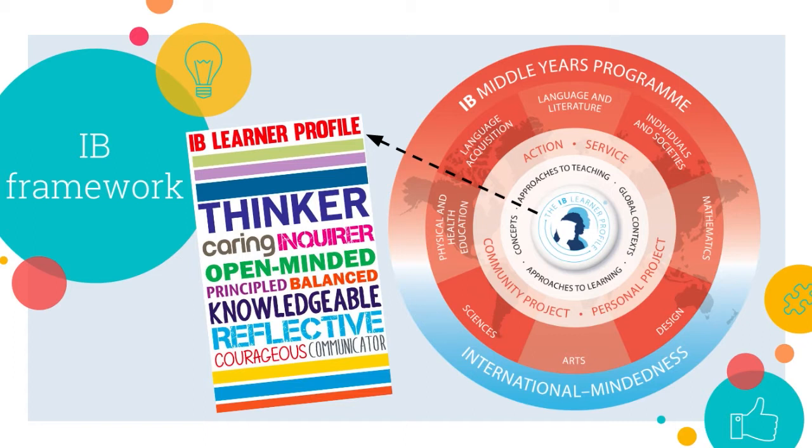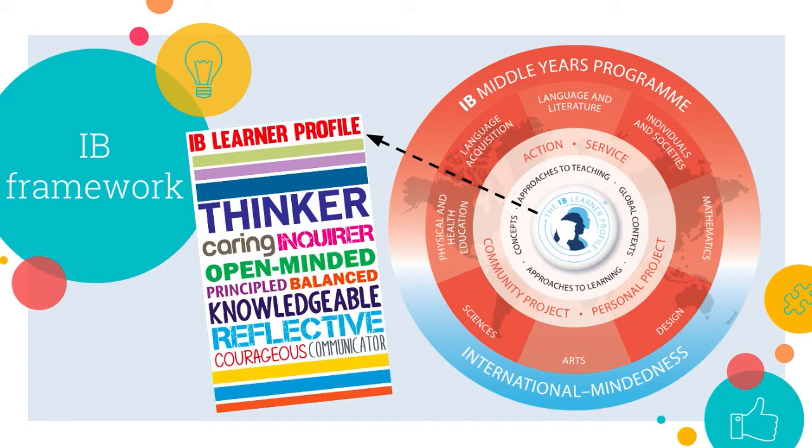The program model, other than having the student at the center, has the first ring that describes the features that help students develop understanding: global context, approaches to learning, concepts, and, particularly addressed to teachers, the approaches to teaching. The second ring describes the outcomes: the community project carried out in year 3, the personal project carried out in year 5, and action and service, which is carried out throughout the 5 years of the program.